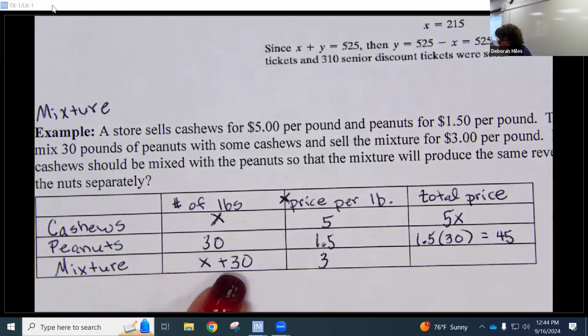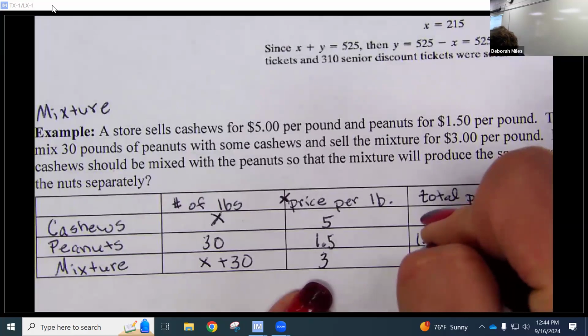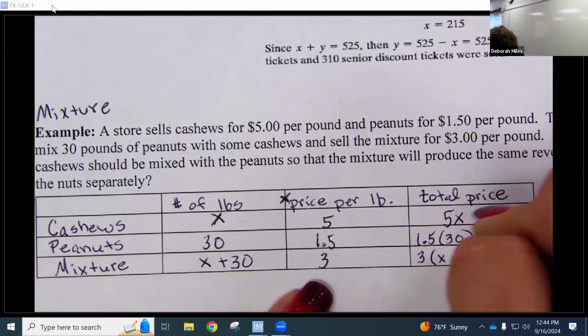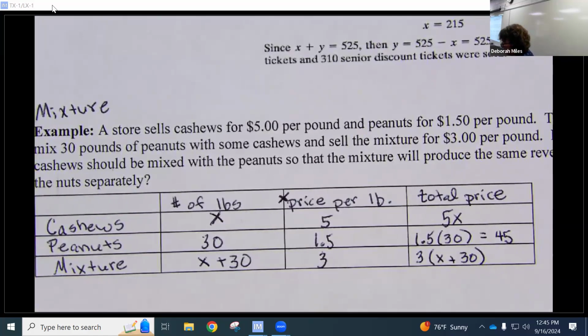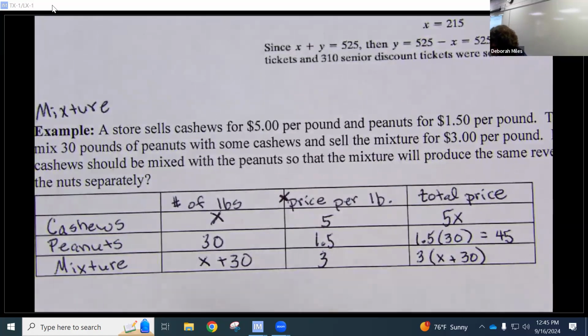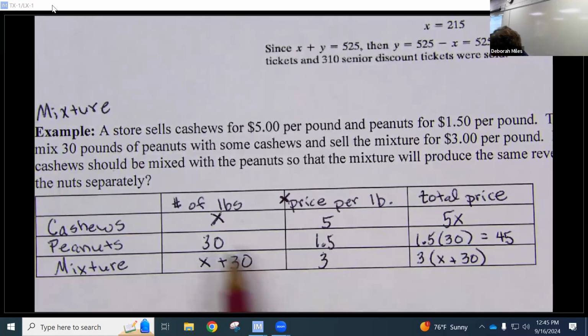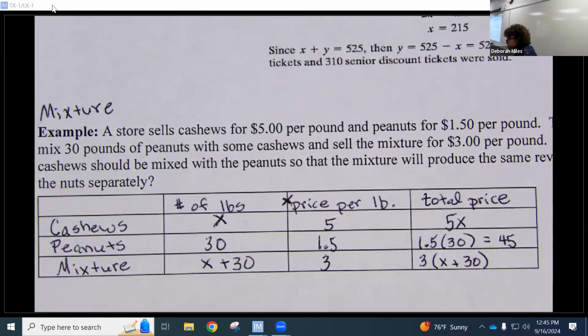And the total price of the mixture is 3 times (X plus 30). And we could let the number of pounds in the mixture be Y, but then I'd have to have 2 equations.